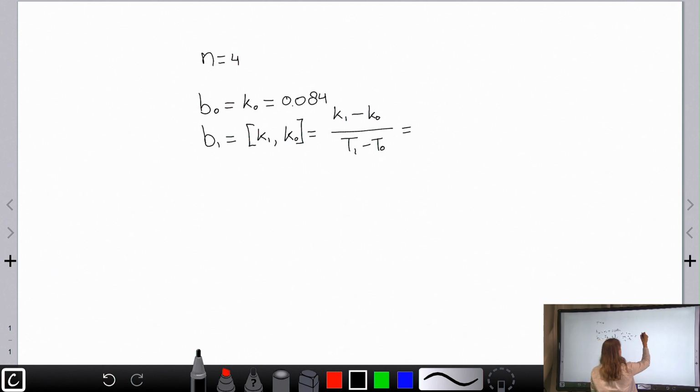So this is going to be equal to K at 400 Kelvin minus this K at 300 Kelvin over 400 minus 300.